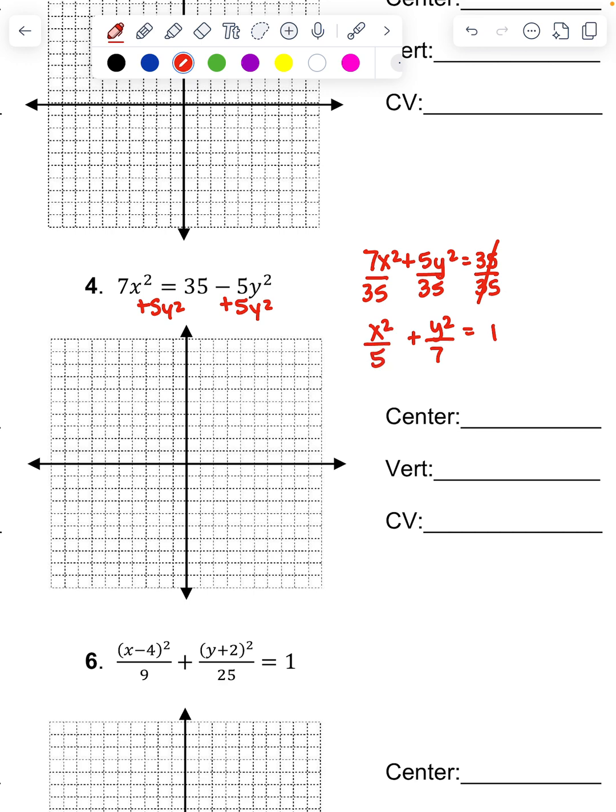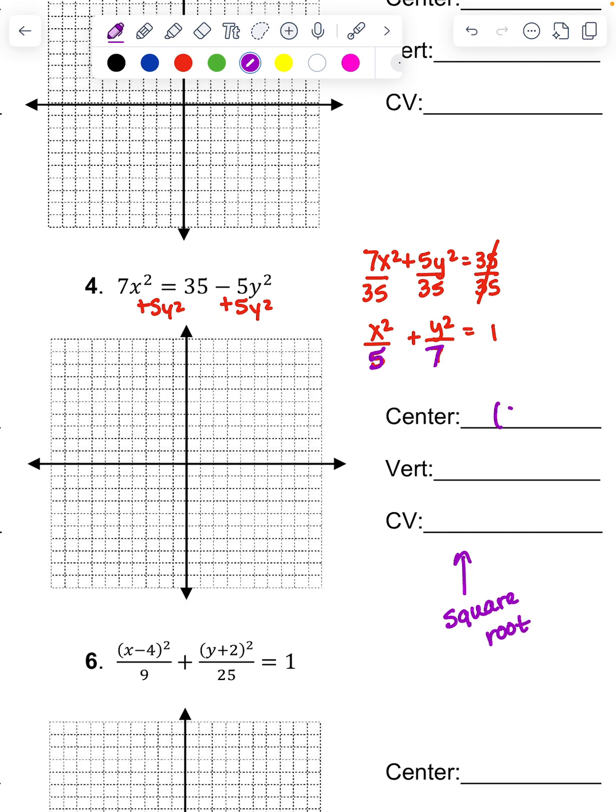Now the only problem with this is that these numbers here, 5 and 7, are not perfect squares, which is okay. You know that you're going to find the square root. So in our coordinates here, you're going to write the square root, but then when we plot it, we're just going to approximate.